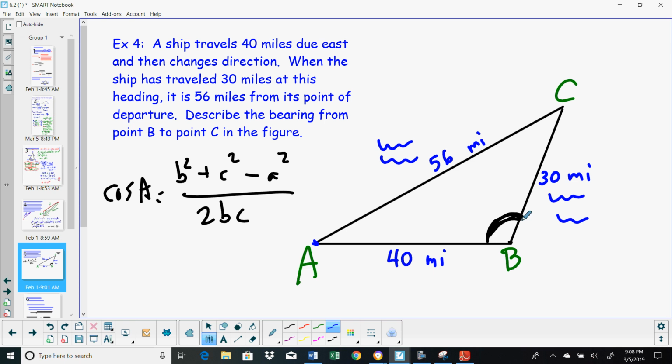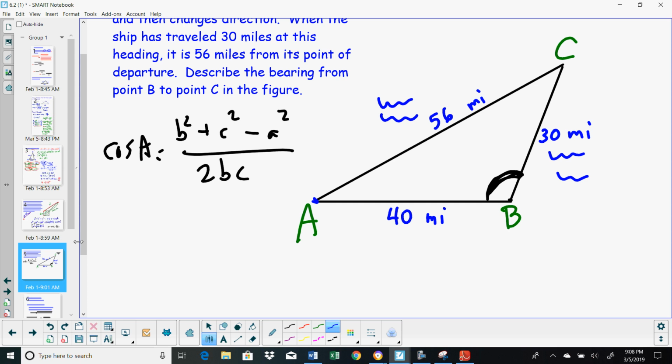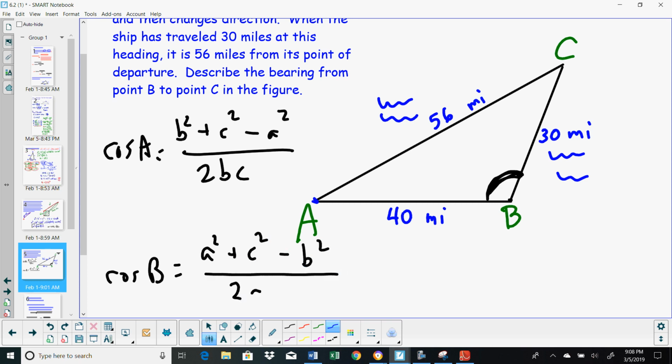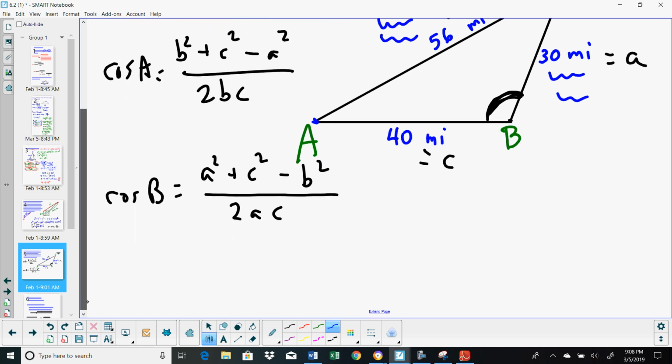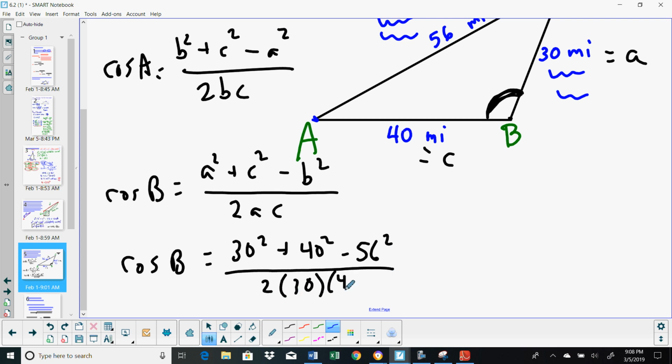In order to do that, I think we need to use this cosine A form, but really we're trying to find cosine B. So we're going to do cosine of angle B equals A squared plus C squared minus B squared over 2 times A times C, where this is my A, this is my B because it's across from angle B, and this is my C because it's across from angle C. So in this case, cosine of angle B equals 30 squared plus 40 squared minus 56 squared over 2 times 30 times 40. All right, and so we grab our calculator and put that in.